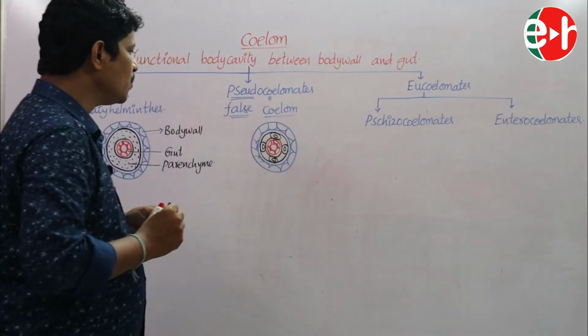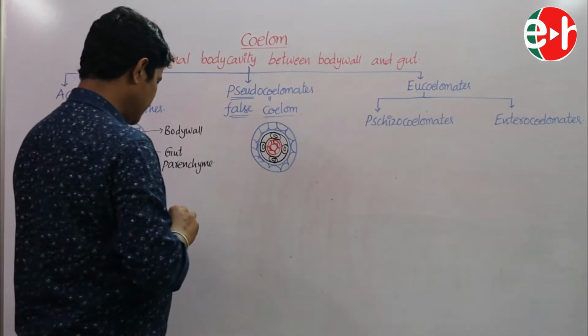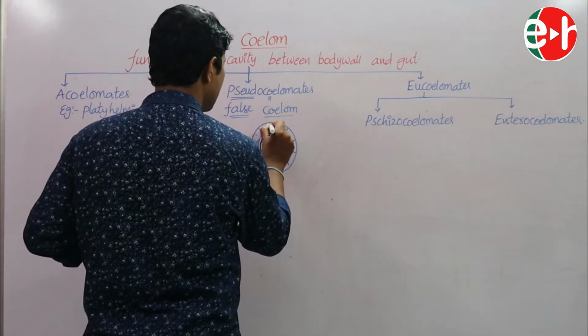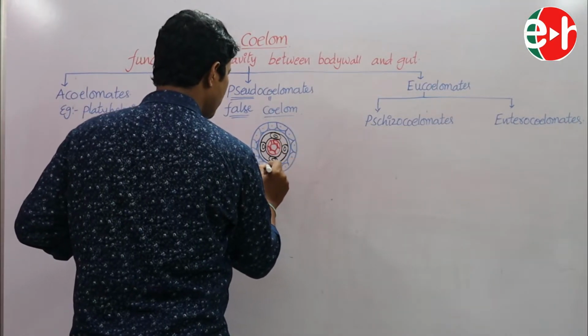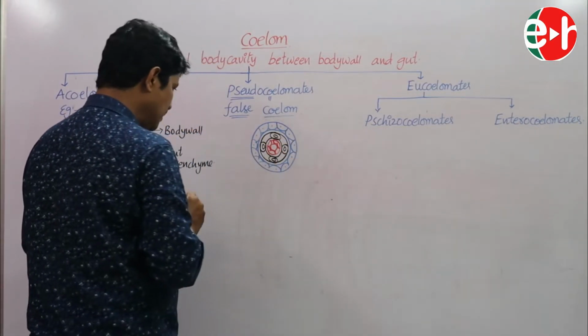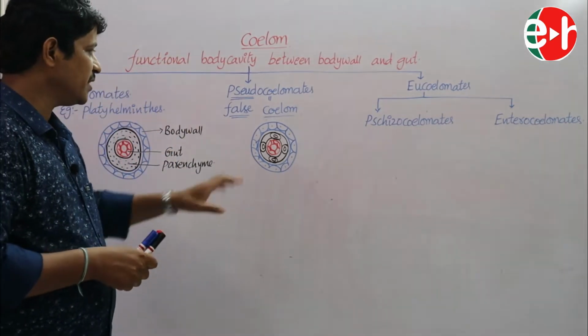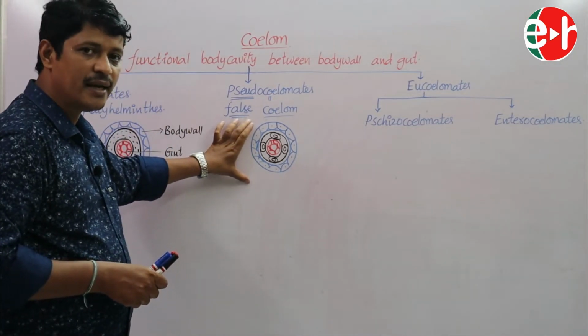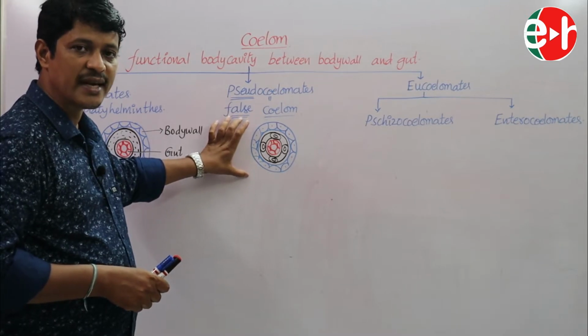In pseudocoelomate animals, between the body wall and inner organs, which means the gut, the mesoderm or the peritoneum is not lined.